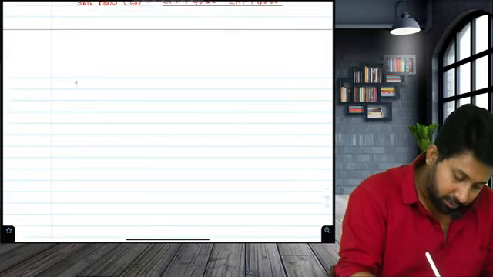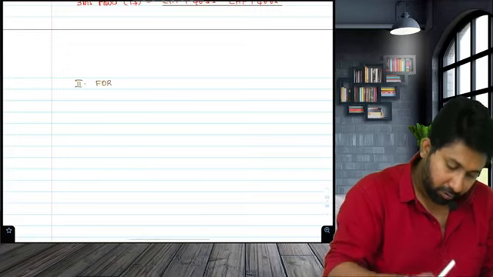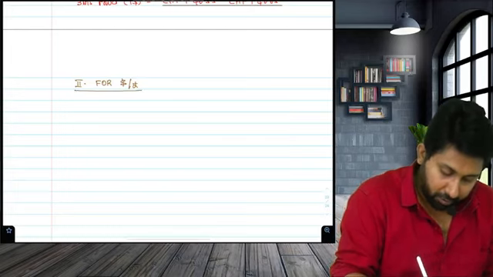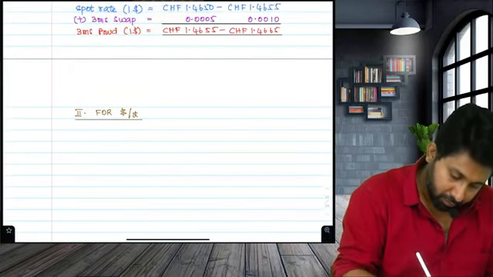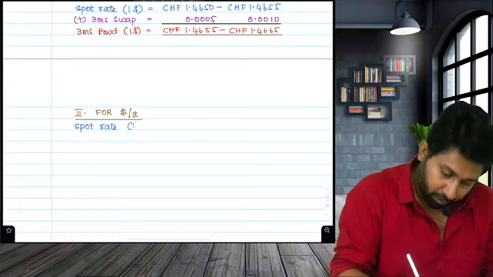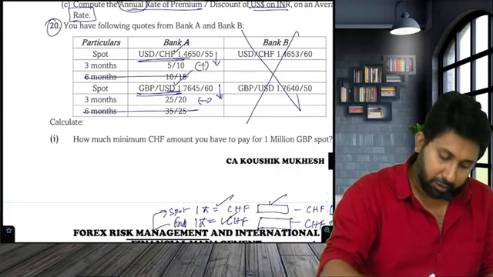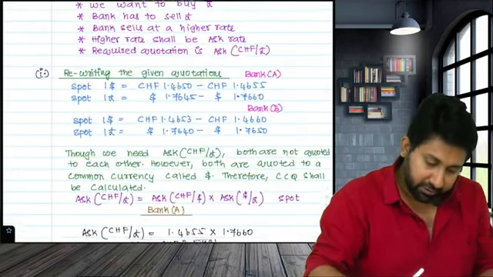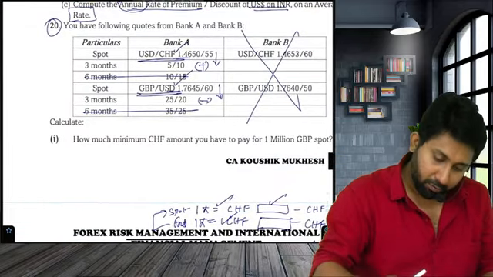Next, second one. For dollar by pound, £1 equal to dollar: 1.7645 dash 1.7660.